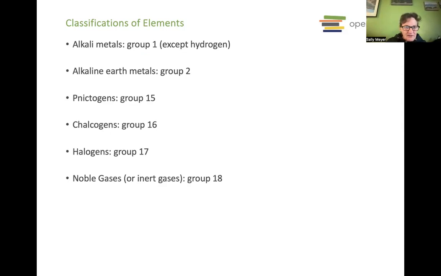Then groups 15, 16, 17 include the halogens, but I've never even heard the names for the other two, and I'm a chemist. A lot of the descriptive words for the periodic table we won't focus on.